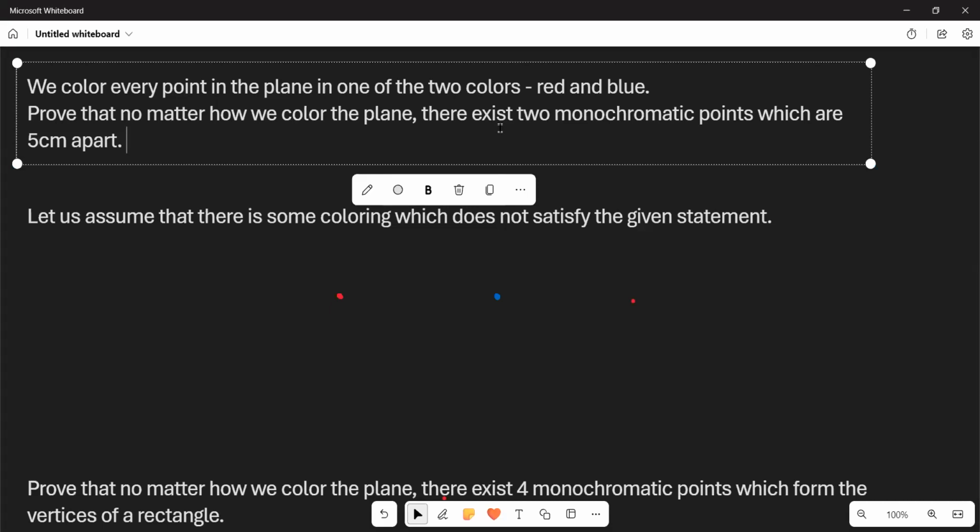If you color the entire plane with just red, obviously we'll have 2 points which are red, 5 centimeters apart. But that is not enough. The question is saying something much more powerful: take any coloring of the plane, and you'll always find monochromatic points which are 5 centimeters apart.